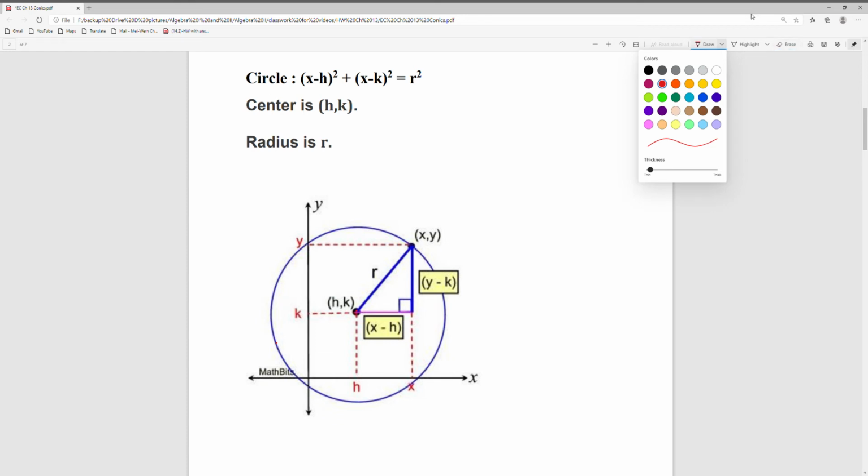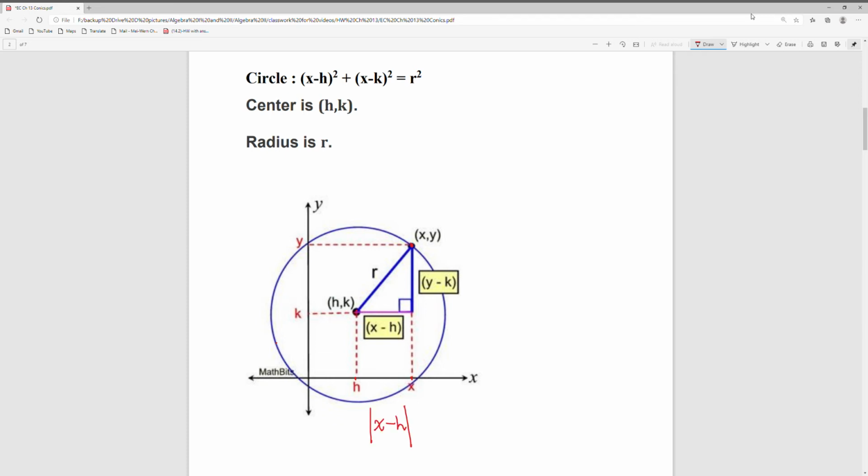So if you have a point (x, y) on the coordinate, this is x, this is h. The distance between x and h, the center, we better use absolute value. And the distance between y and k, we better use absolute value because we are not sure which one of y and k is bigger.